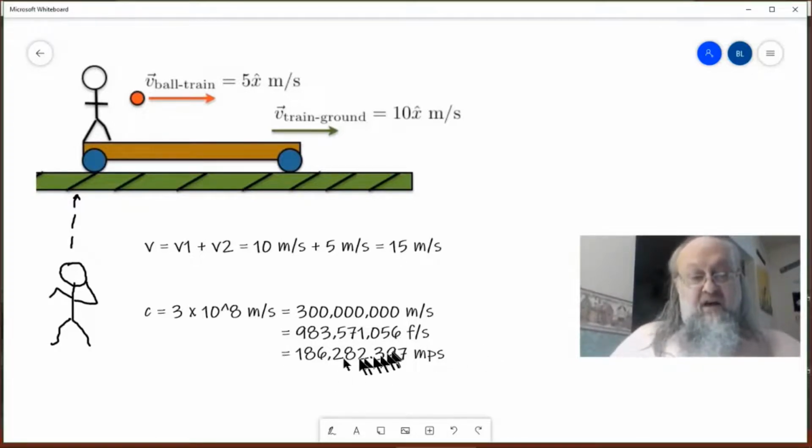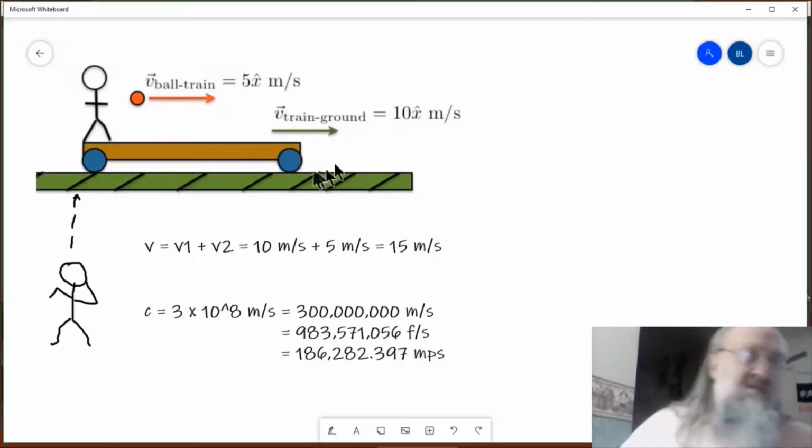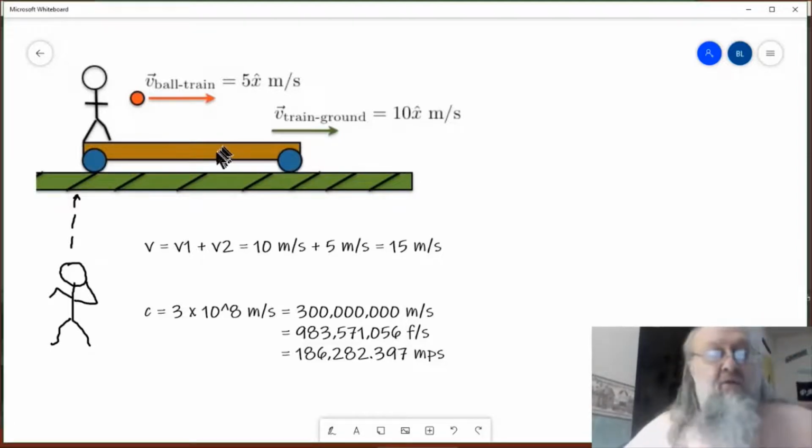Compare that to 186,000 miles per second. Quite a big difference. So the question becomes, if nothing can go faster than the speed of light, supposing this train was traveling at almost, say, 9/10, 98, 99 percent, pretty close to the speed of light.